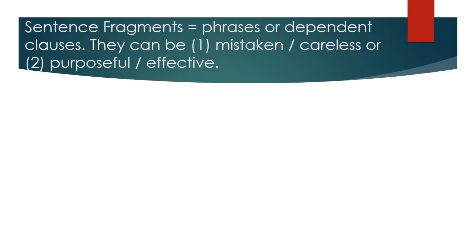There's something that requires more. They don't have the full subject-verb correlation going on. And there are two ways that we use sentence fragments. They either can be used mistakenly or carelessly, or purposefully and effectively.